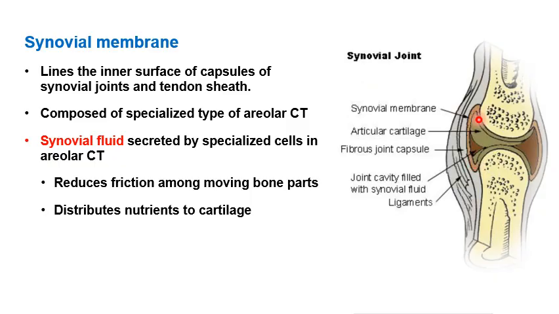Okay, it's going to protect this whole casing outside of your synovial joint. It's showing over there articular cartilage. Okay, so synovial fluid is going to be secreted by cells that are present in that areolar connective tissue. Okay.